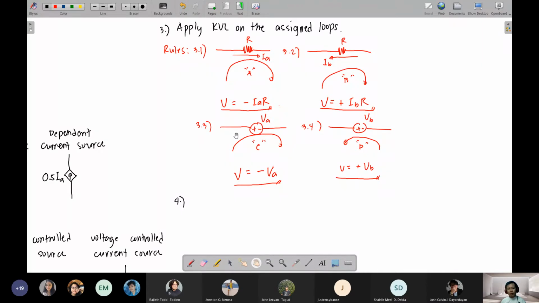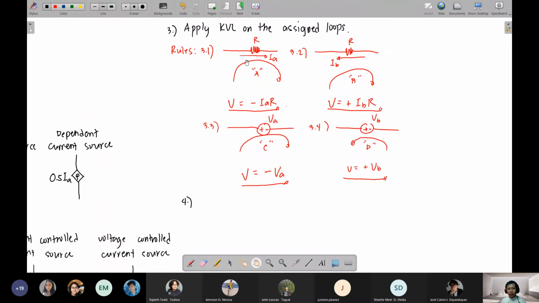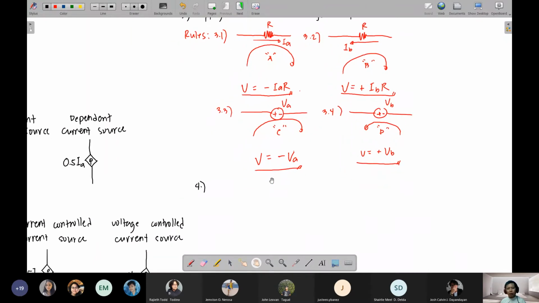Of course, recall that Kirchhoff's Law has 2 laws, KVL and KCL. We have only used KVL so far, so we will use KCL. This time, apply KCL to any node where there is no connected voltage source.